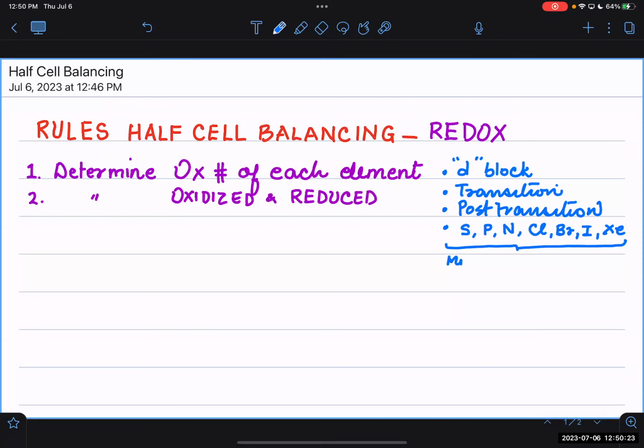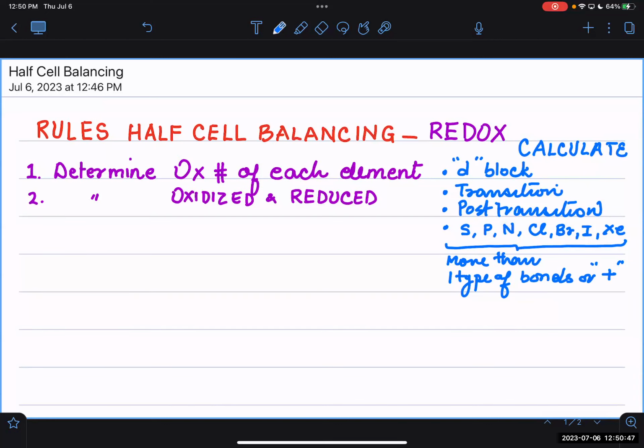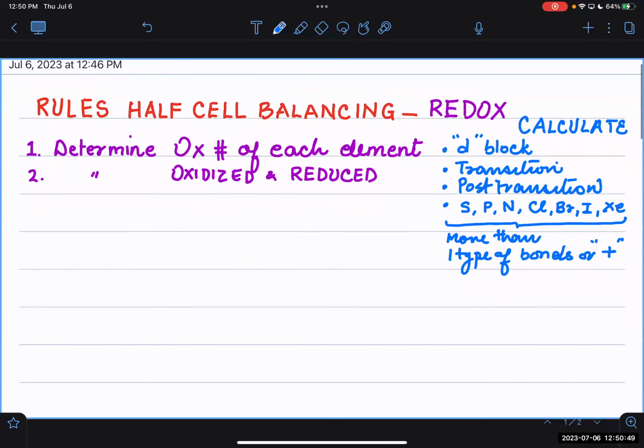Therefore, for these elements you will have to calculate the oxidation numbers based on the rules for oxidation numbers. So that's one thing clear.